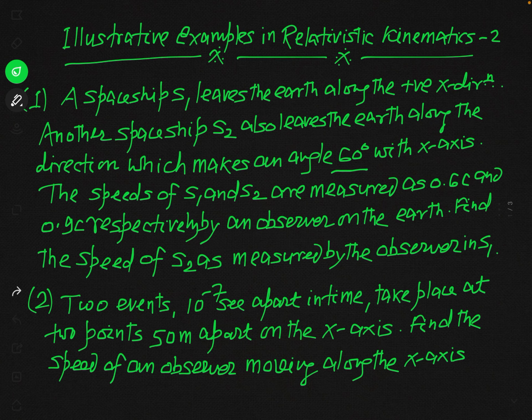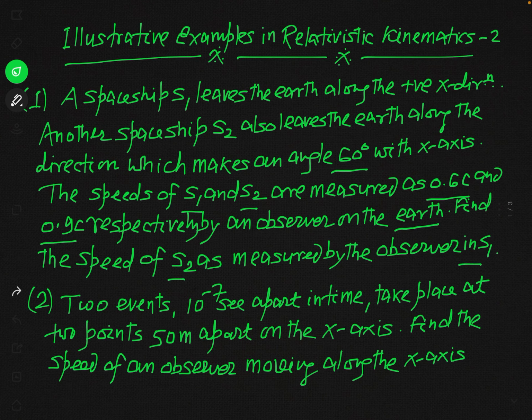The speeds of S1 and S2, which are spaceships, are measured as 0.6 c and 0.9 c respectively by an observer on the Earth. It means these are speeds of S1 and S2 with respect to an observer situated at the surface of the Earth. Find the speed of S2 as measured by the observer in S1.